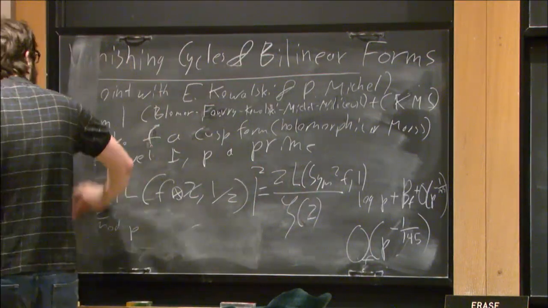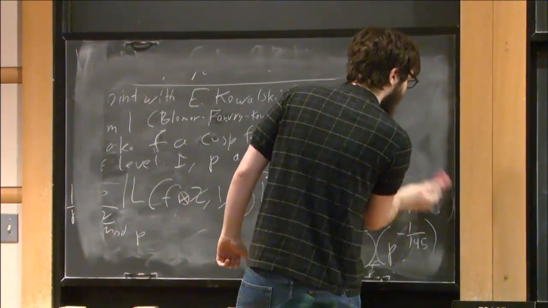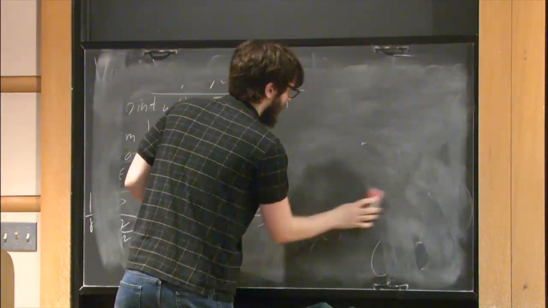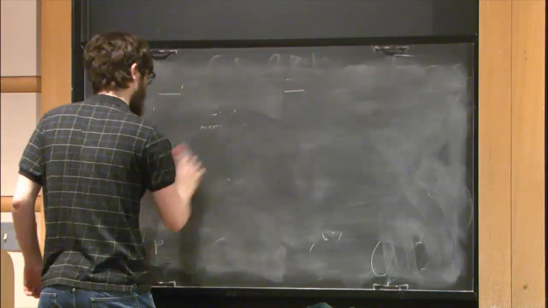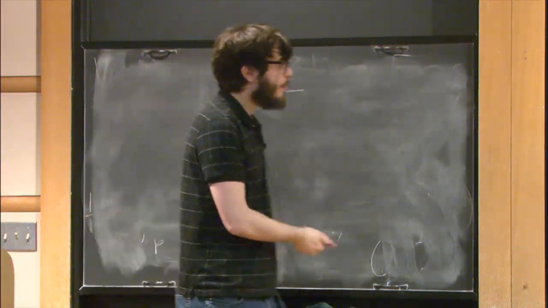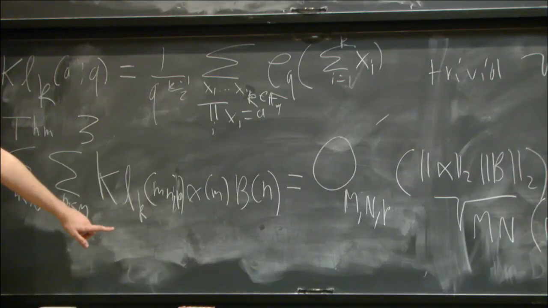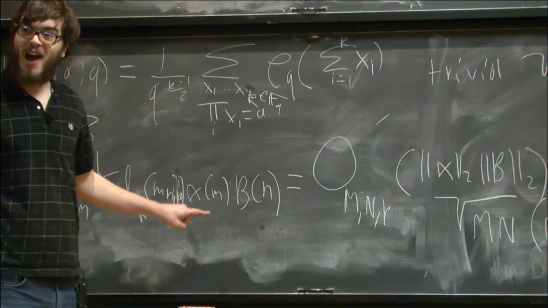So roughly speaking, what we want to do here is separate the Kloosterman sums and the alpha and beta, because we know everything there is to know about alpha and beta, which is not very much, which is their L2 norm. And we know, maybe not everything there is to know, but we know a ton about Kloosterman sums. But we don't know so much about how they interact.